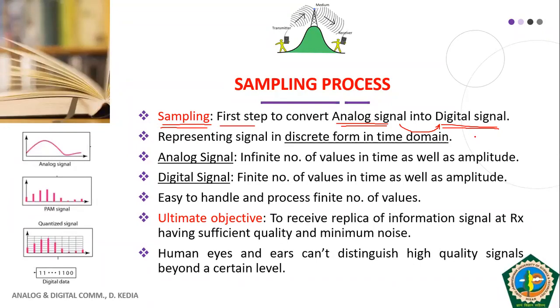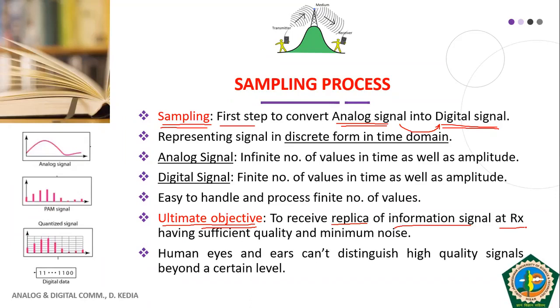So obviously the noise will be very, very less in case of digital signal as compared to analog signal. Obviously, when noise is lesser, then the quality of the signal will be better. So our ultimate objective in any communication system, be it analog or digital, is to receive the replica of the information signal at the receiver side.